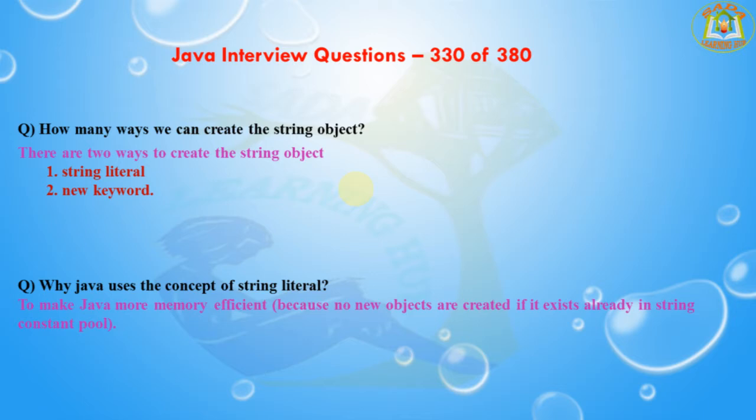Whenever we create a string literal, first it checks the string constant pool. If it is available, the string object refers to that reference. If it is not available in the pool, it creates a new object. That's why string literals make Java more efficient.